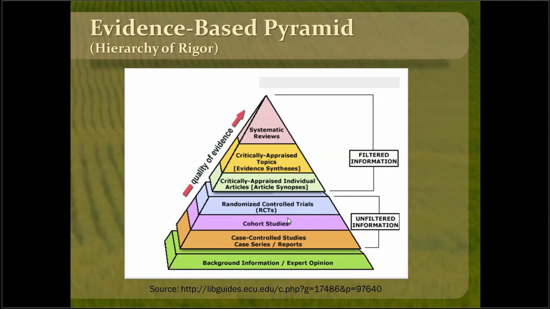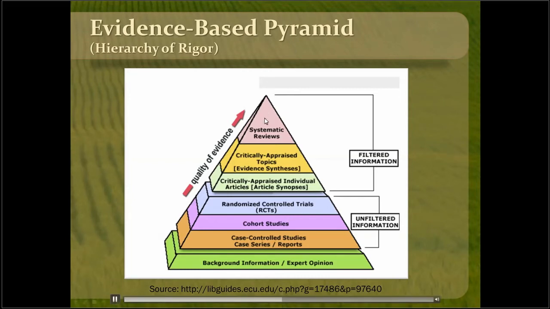Something else you should note is that we tend to add a lot of weight to what we call systematic reviews or meta-analyses, which are collections of studies grouped together and judged as a body of evidence rather than individual studies.